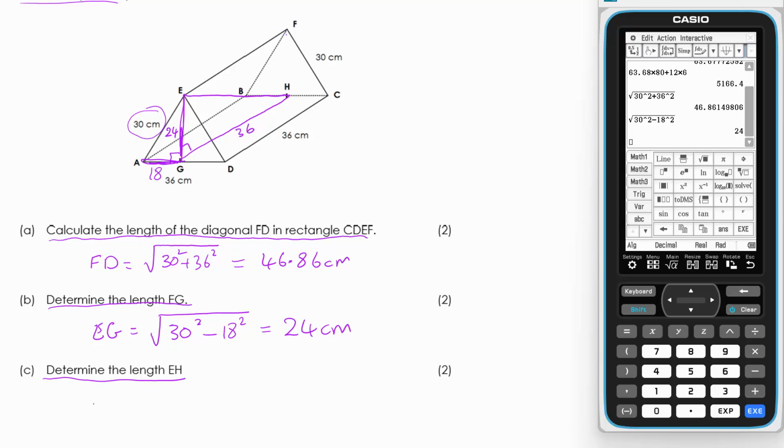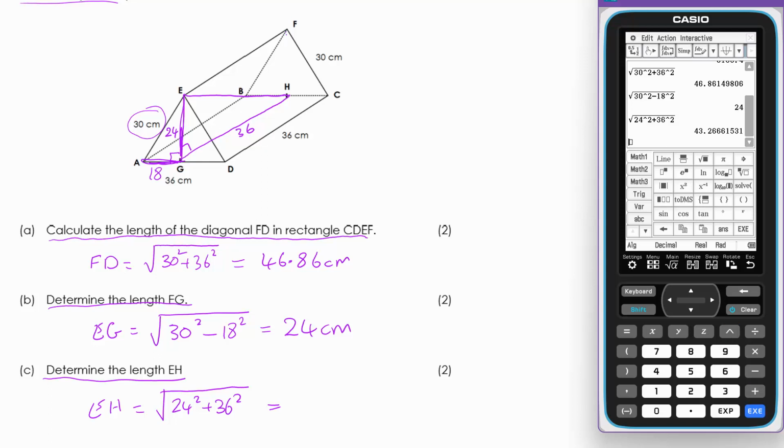EH would be the hypotenuse again, so that would be the square root of 24 squared plus 36 squared, which is 43.27.